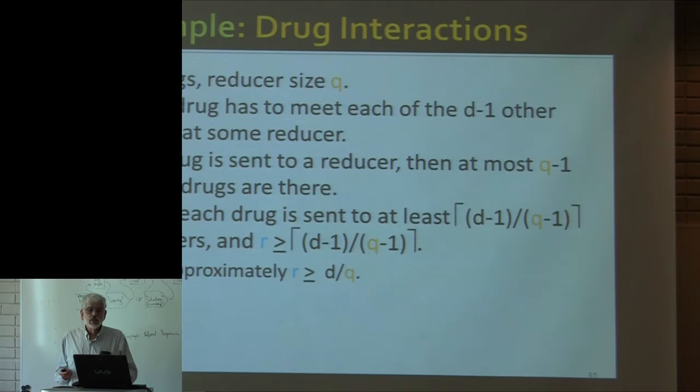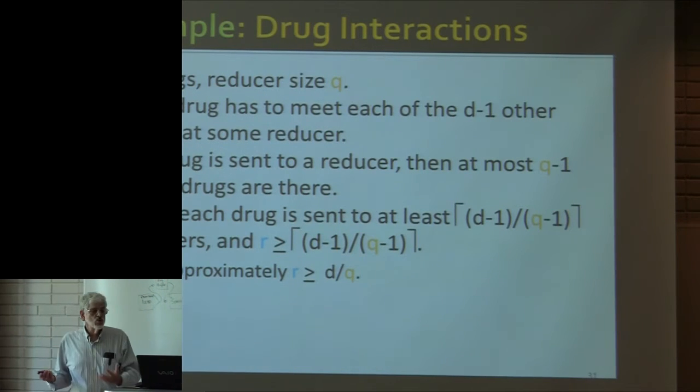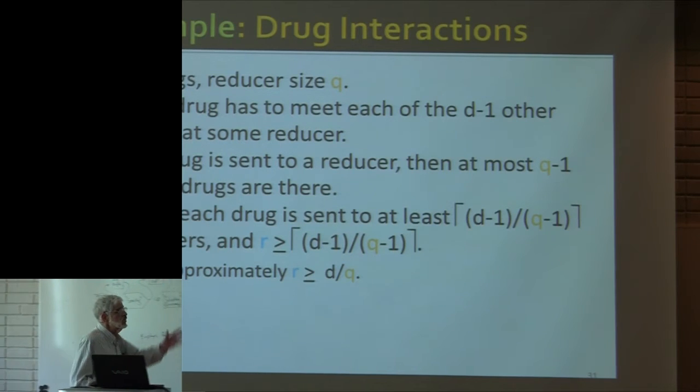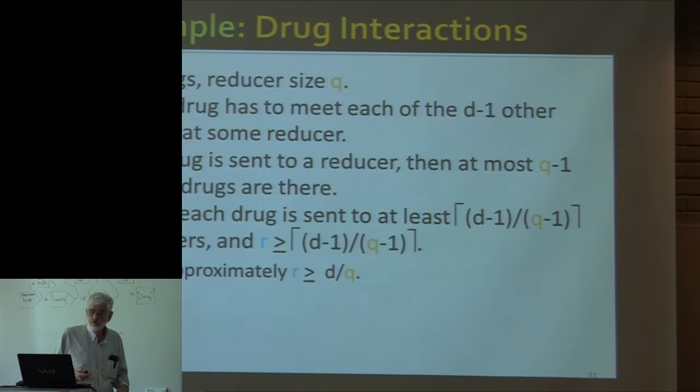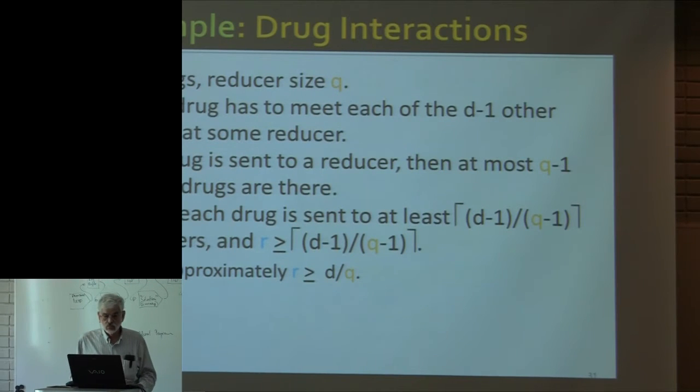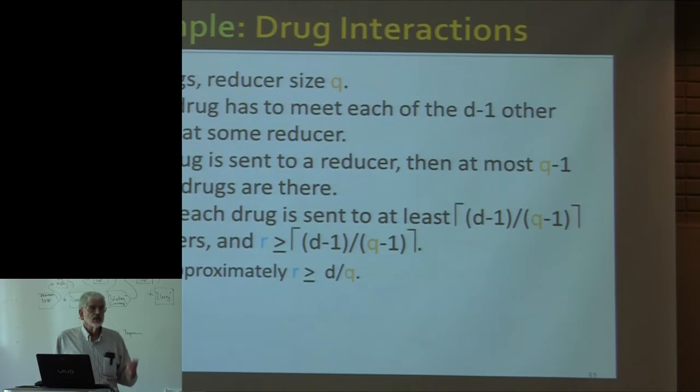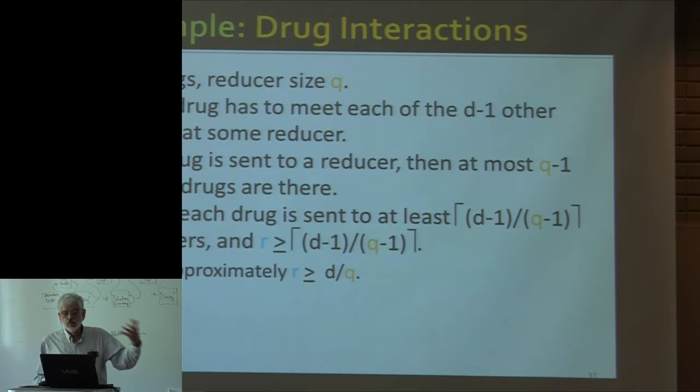So if I have to meet D minus 1 drugs and I can only meet Q minus 1 at any one reducer, how many reducers do I need? It's at least the ceiling of D minus 1 over Q minus 1. And that says the replication rate has to be at least D minus 1 over Q minus 1.